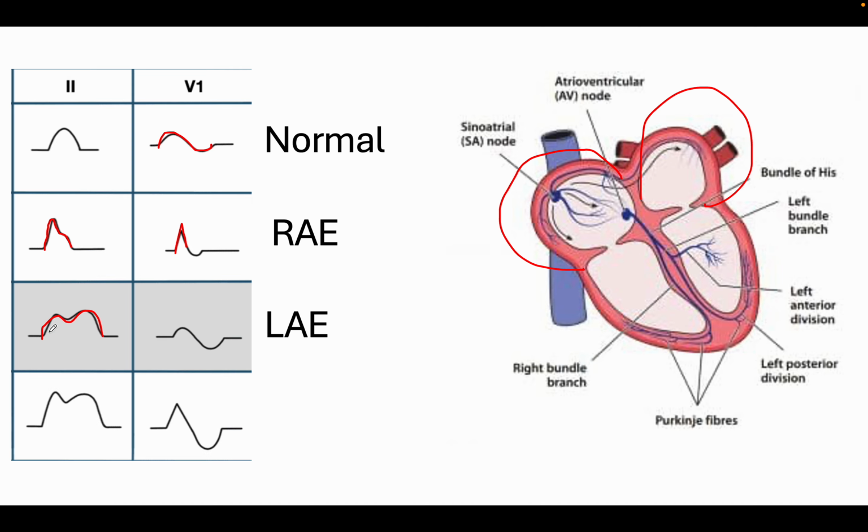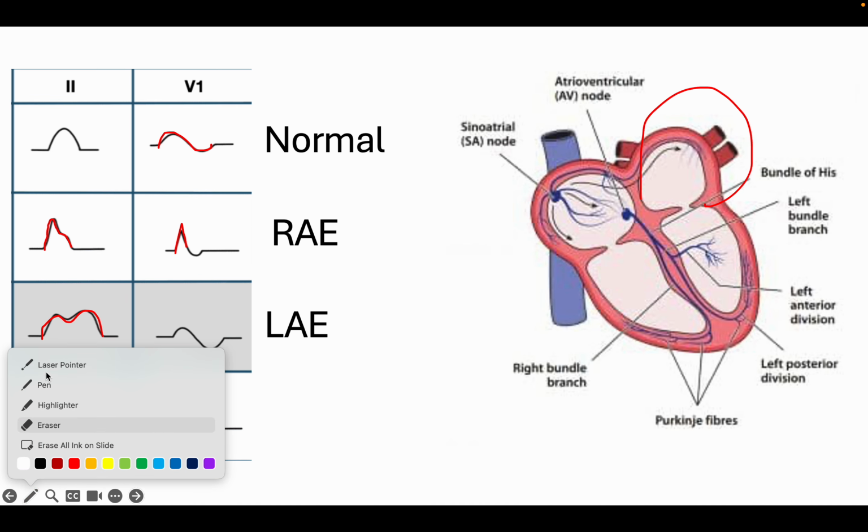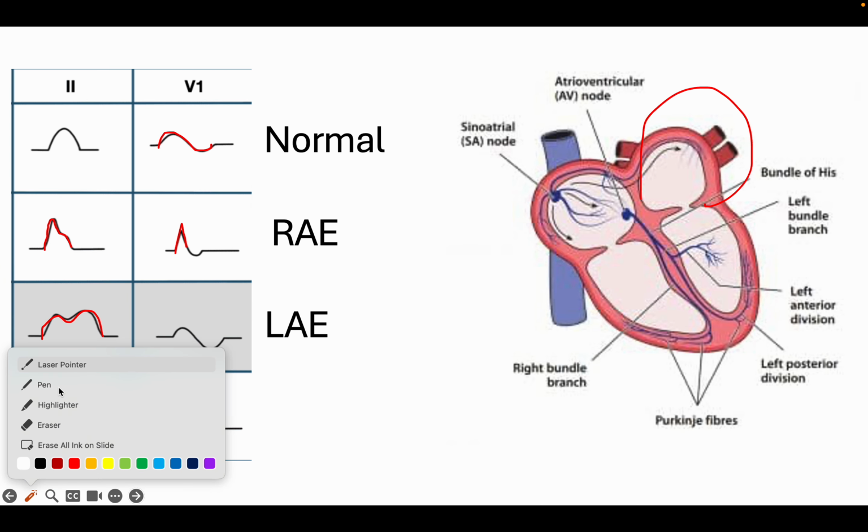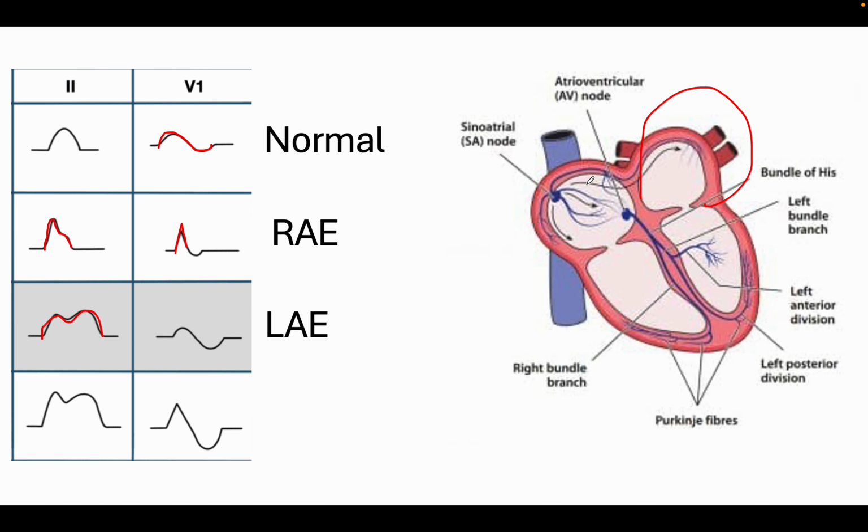So the reason why it looks like an M is because you have the right atrium depolarizing first, so pretend that's not big. You have the right atrium depolarizing first, which is represented by the first bump. And then because the left atrium has now become huge, that action potential has to travel further to depolarize the left atrium, which is why you get this secondary prominent bump in lead 2.